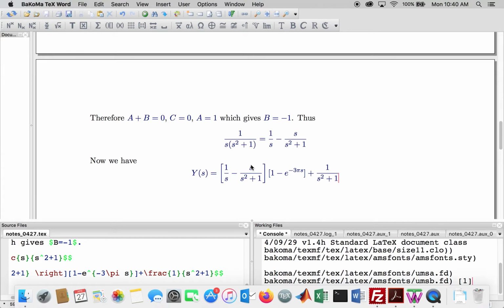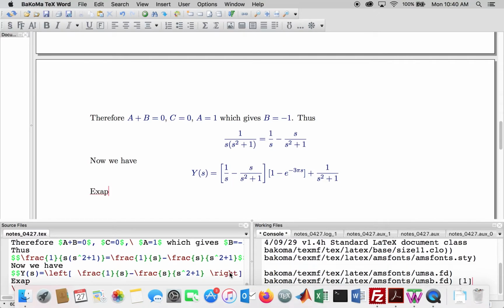Now, what I'd like to do is multiply this out so I get terms that I can readily inverse transform.